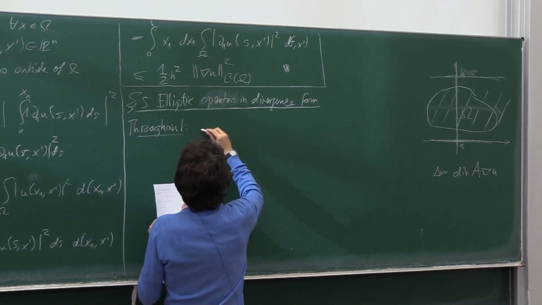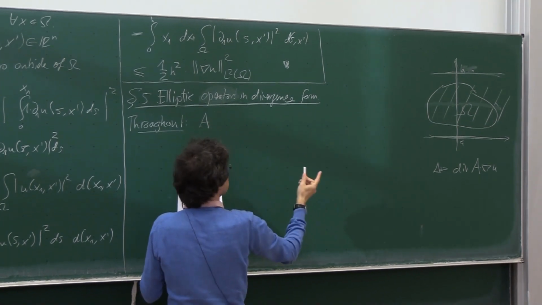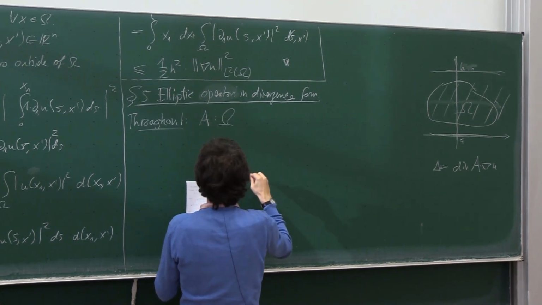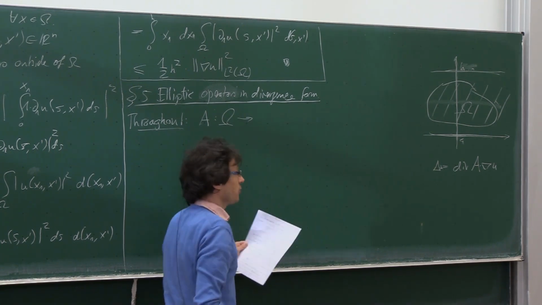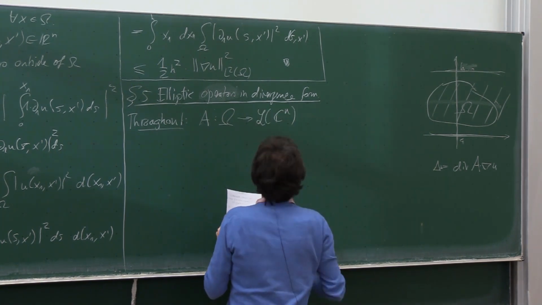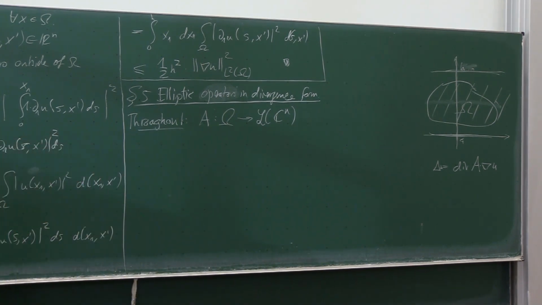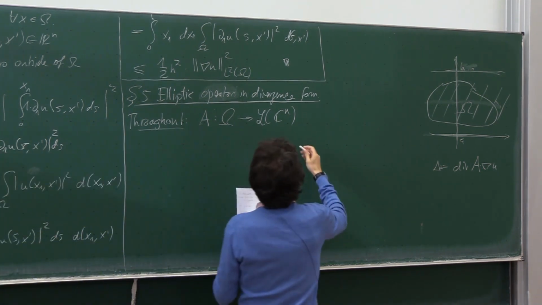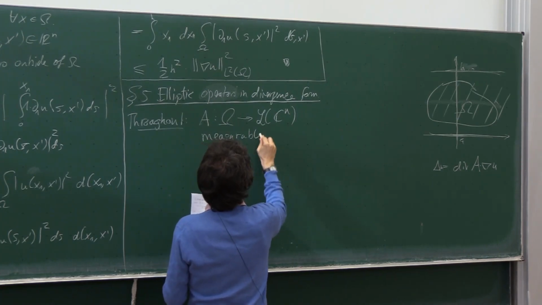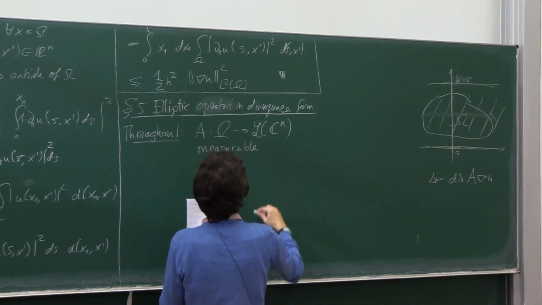So we have this matrix A, and this matrix A can even depend on the point x in omega. So at every point in omega, we will have another matrix. So we say that A is a function going from omega to the linear maps on C^n, so the n by n matrices. And it has to be measurable, otherwise we get in big trouble.